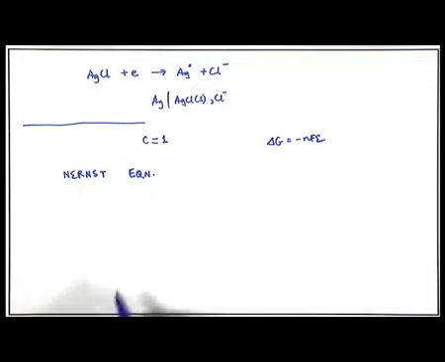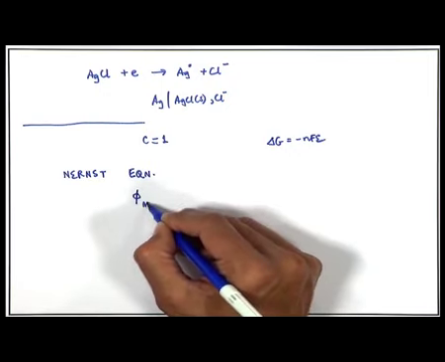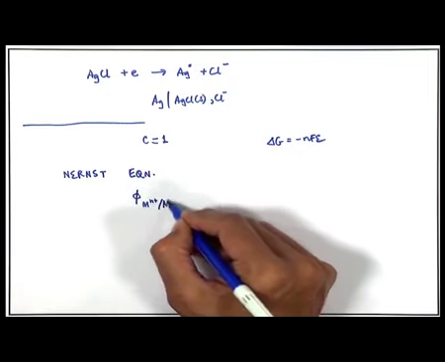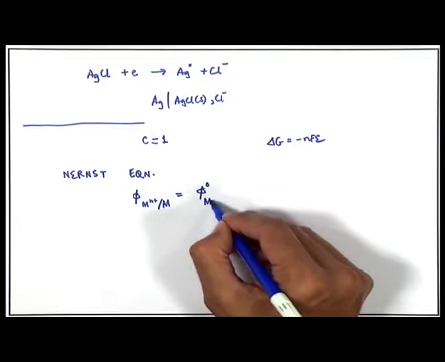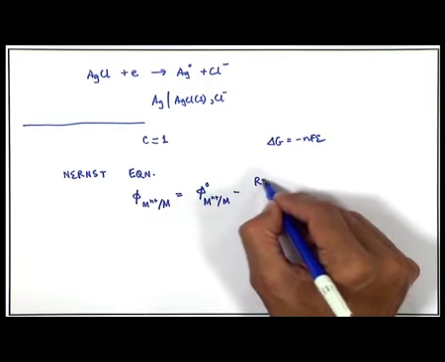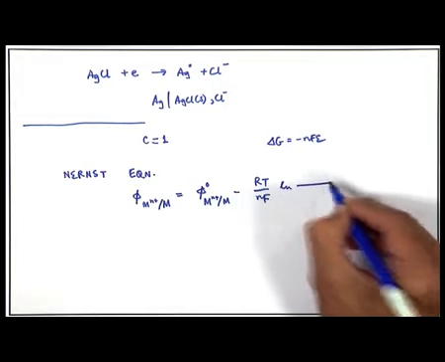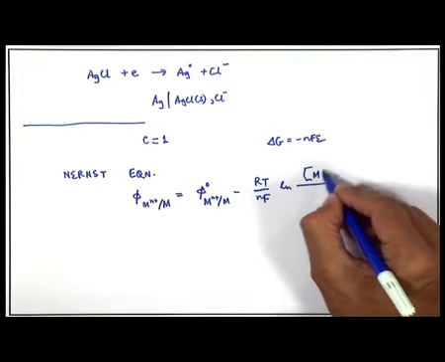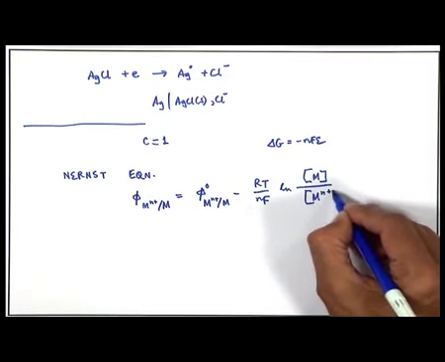And for half cell you can write like this: phi M^n+/M is equal to phi 0 M^n+/M minus RT by nF ln concentration of M divided by concentration of M^n+.